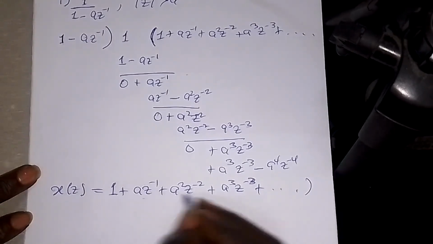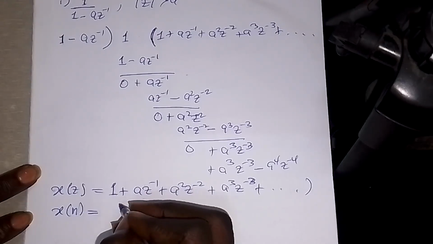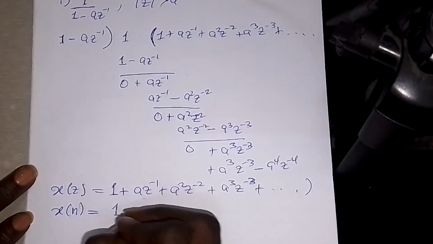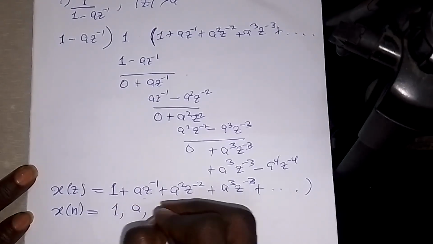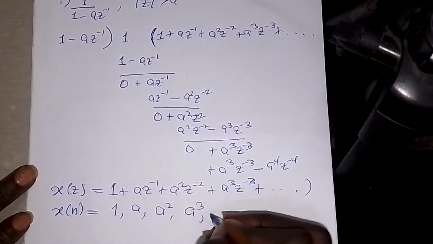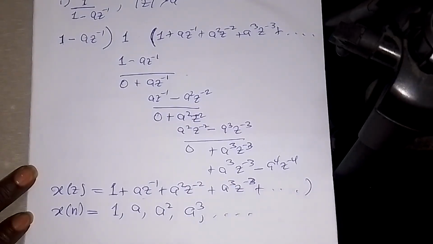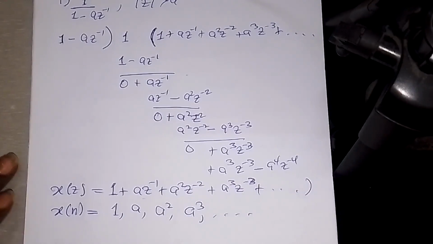My x of n will be this particular series. So now my x of n is going to be 1, a, a squared, a cube, then it will go on to infinity. So basically that is how you can know the z transform for this one.